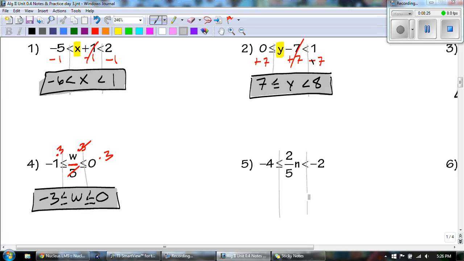Number 5. Do you see your variable? Yep. And how do I get rid of a fraction? By multiplying by the reciprocal.